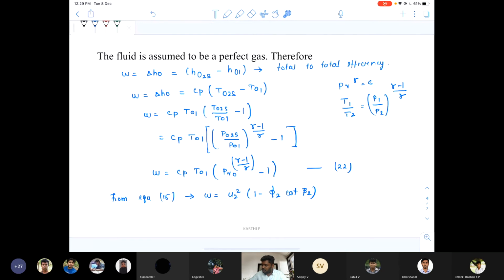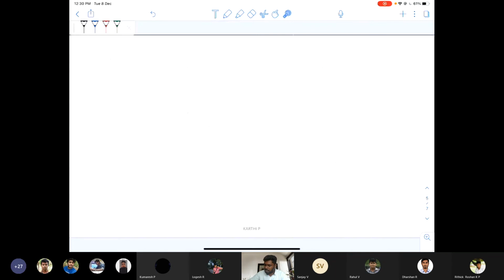If you substitute the value of W, you will be getting Cp times T01 into PR naught to the power of gamma minus 1 divided by gamma, minus 1, which will be equal to U2 square into 1 minus flow coefficient at the exit into cot beta 2.